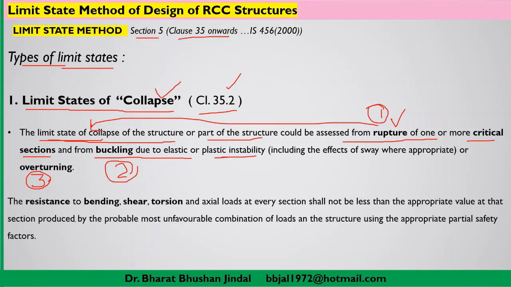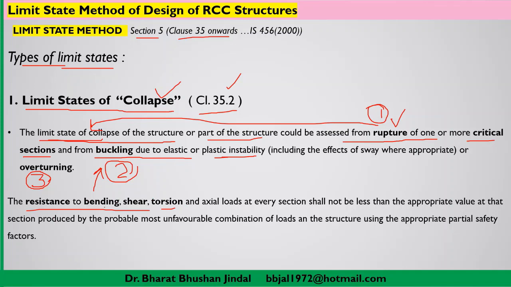So what we have to do in the case of limit state of collapse, the resistance to bending, shear, torsion, because resistance to bending means we are relating it to buckling, or to rupture. Shear means there may be some rupture, some cracks can be observed. Torsion may result in overturning, so they are interrelated terms.